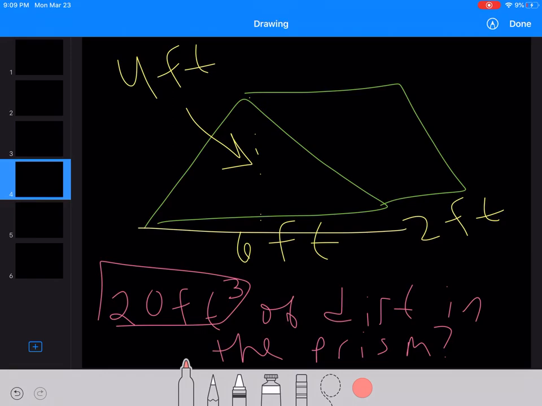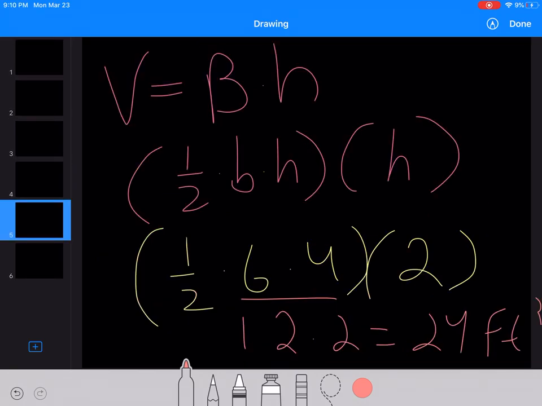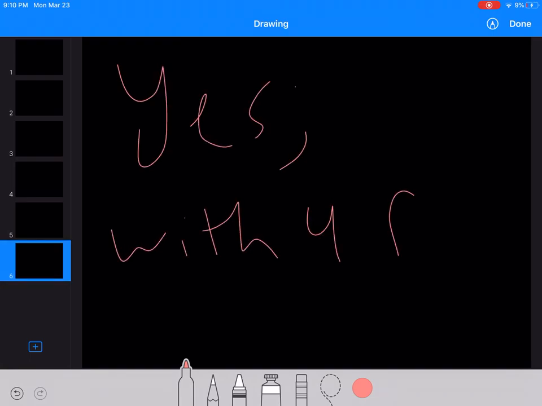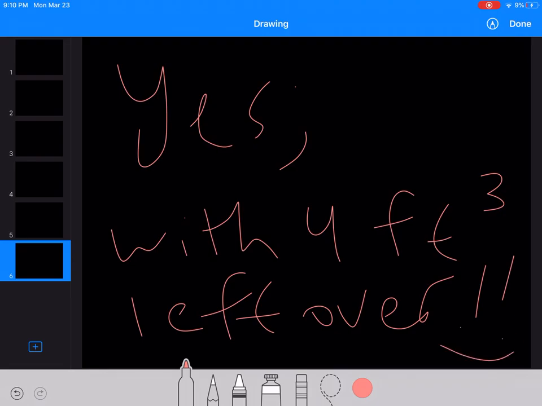And yes, we can, with 4 feet cubed left over. So we can store that in there.